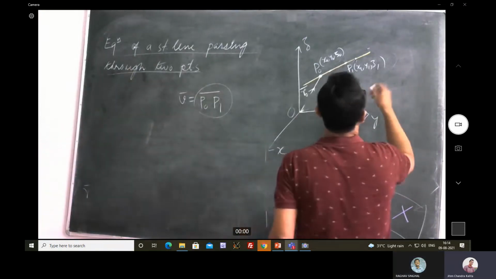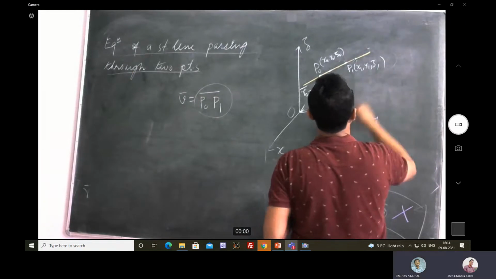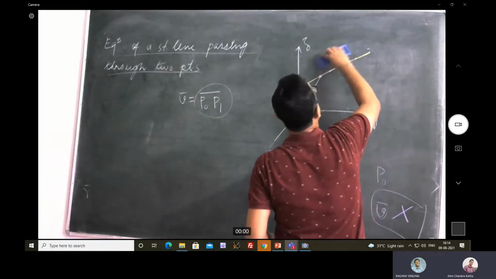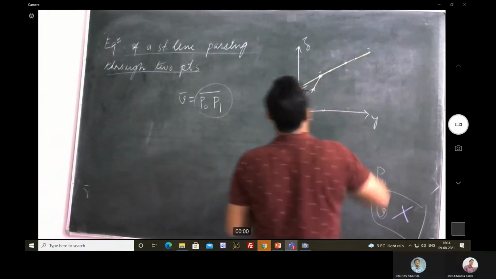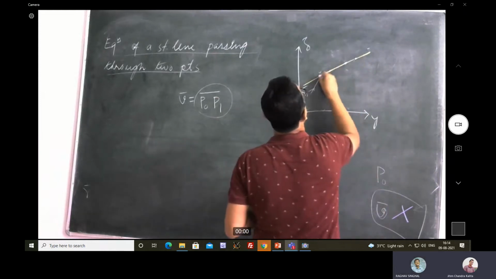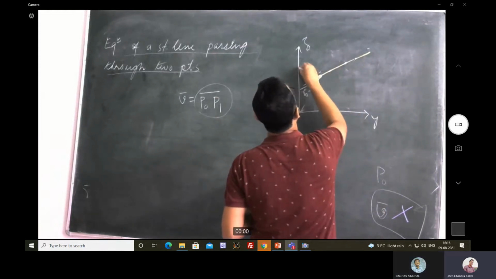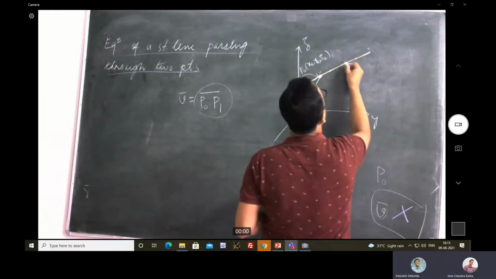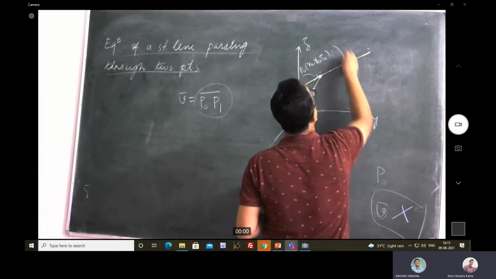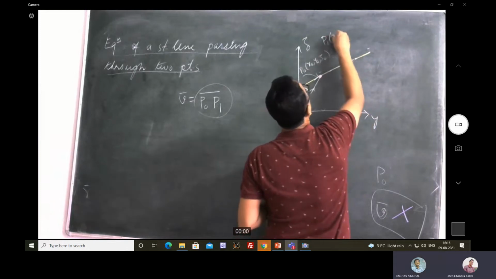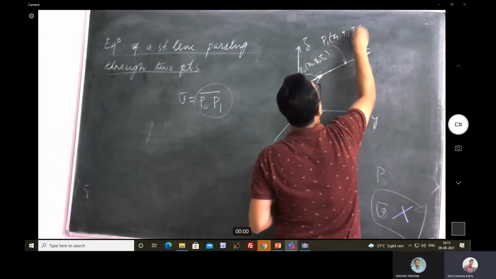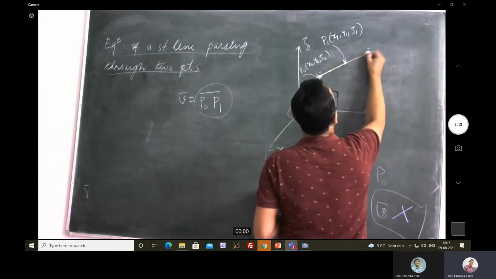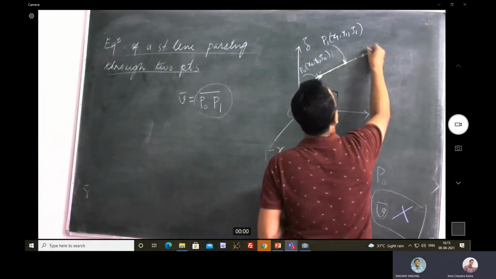So what we are going to do, as before, this point is P naught, X naught, Y naught, Z naught. So suppose this point is P1, X1, Y1, Z1. So what we are going to do, we are going to take a variable point here, say here.